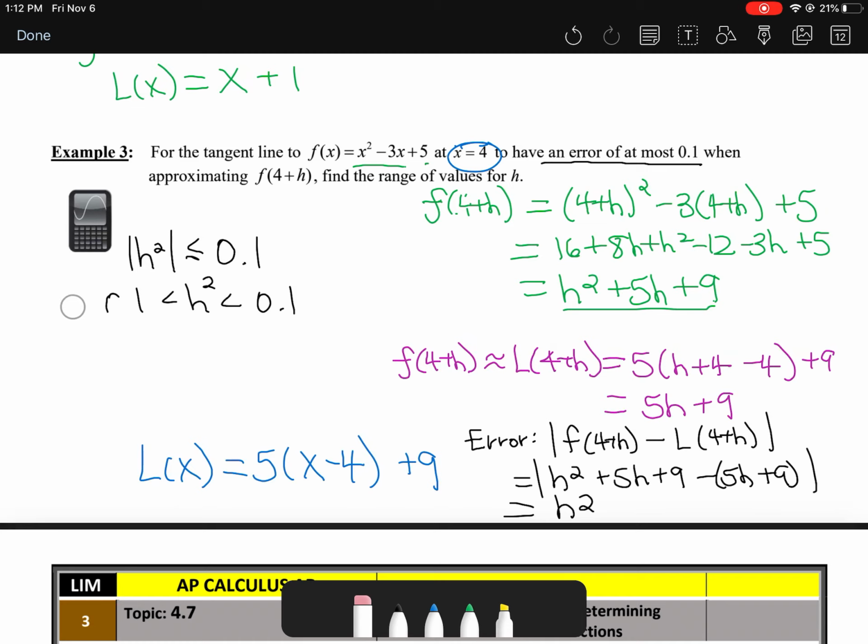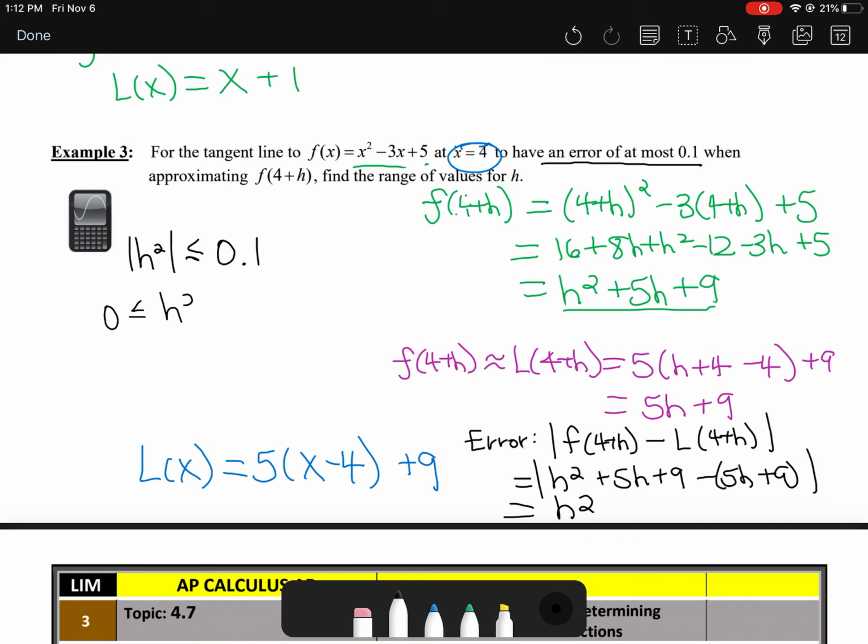Oh, whoops, sorry. Okay, so this right here is actually going to be 0 is less than or equal to h squared, which is less than or equal to 0.1. Just remember, because I cannot take the square root of a negative number. So now I take the square root of both sides.